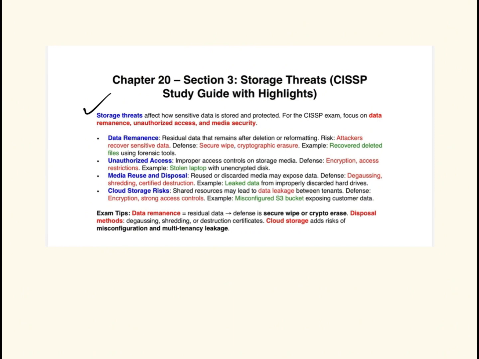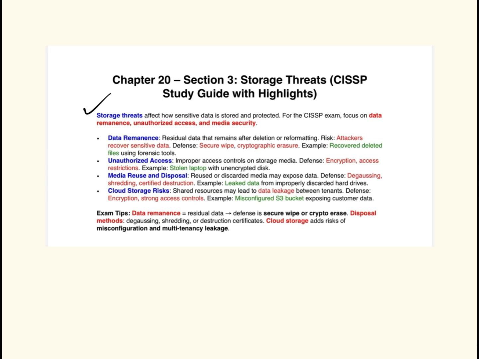Storage threats concern how sensitive data is stored, reused, or destroyed. There are a few important terms, and we will discuss them one by one: data remnants, residual risk, unauthorized access, media reuse and disposal, and cloud security risk.